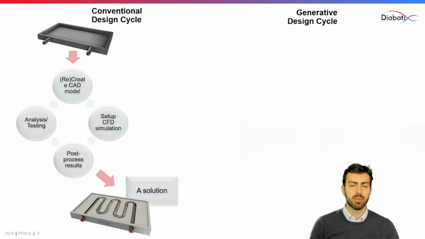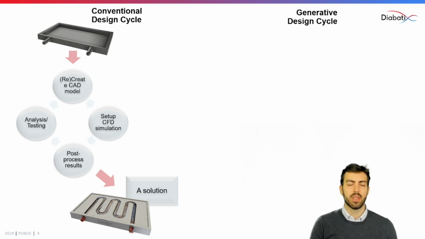Then you do some post-processing, you need to get the data, you need to visualize it, and so forth. Maybe also some testing, some other visualization and post-processing steps to really get the results. And then you probably will see, okay, the pressure drop is too high or the pressure drop is too low. We have some hotspots here and so forth.